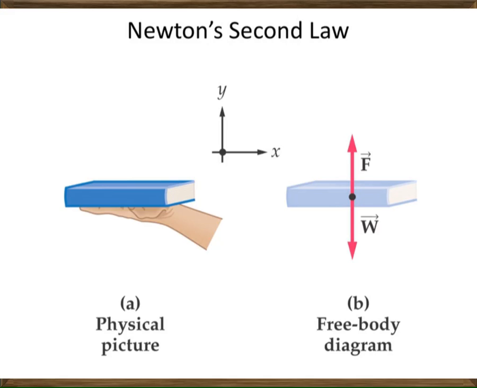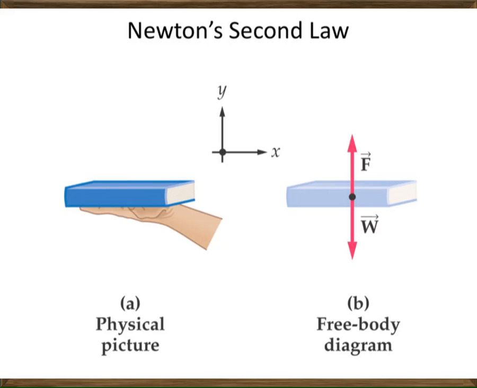So this we call a free body diagram of this book, not your hand, only for the book. There might be more than one object in the picture. If you want to draw the free body diagram for only one, you just think of one object.